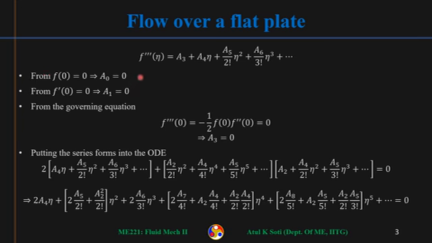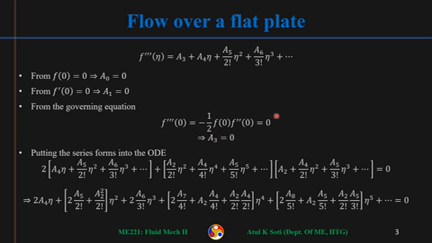Okay, then look at the governing equation. Equation was f triple prime plus half f into f double prime is equal to 0. That equation should be valid for all eta. So this should be valid at eta is equal to 0 also. So at eta is equal to 0, f triple prime at 0 will be equal to minus half f at 0 into f double prime at 0. And I know at eta is equal to 0, f at 0 is 0.